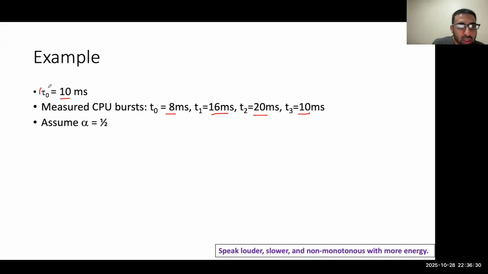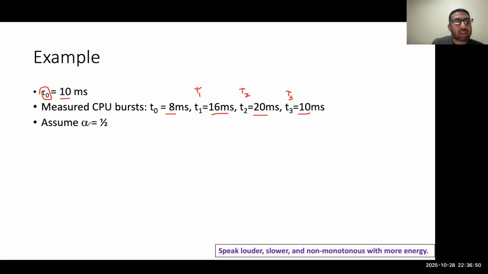But we know only tau 0, the estimated value of the first CPU burst. Now we want to find tau 1, which is the estimated value of the second burst, and the estimated value of the third CPU burst, right?